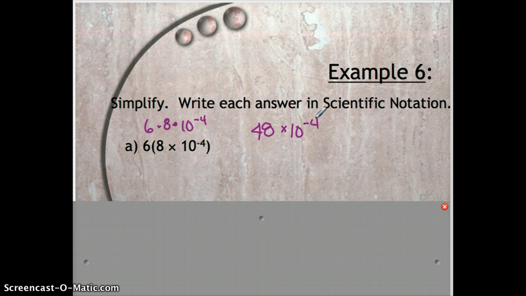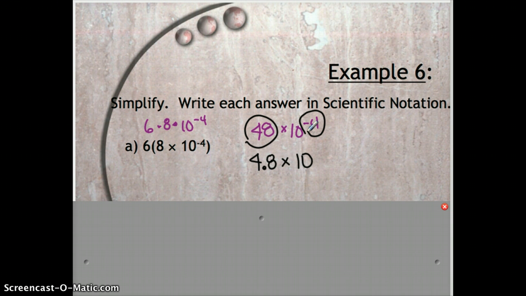Now it says I need to write my answer in scientific notation. So this is not in scientific notation because 48 is bigger than 10. So I want to figure out where I need to put the decimal point there. And that's going to be 4.8. But I moved the decimal 1 time. This is how I like to think about it. Since I already moved the decimal 1 time, I need to change the power of this exponent by 1.